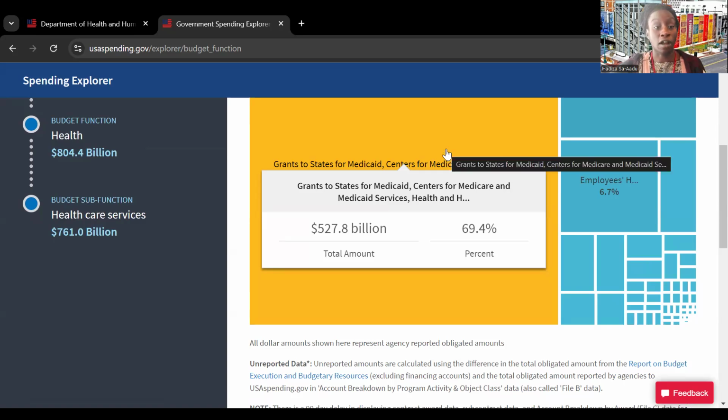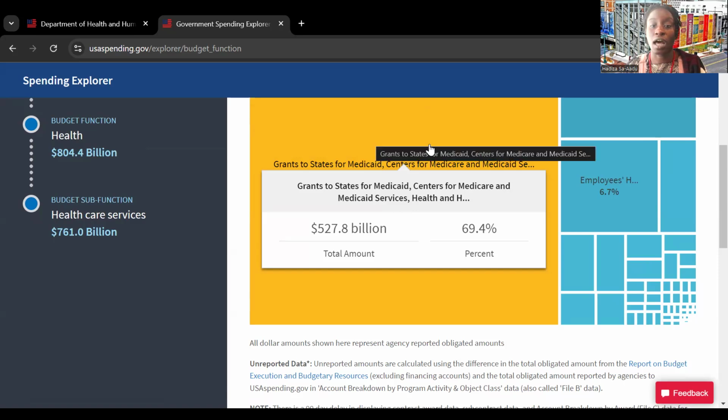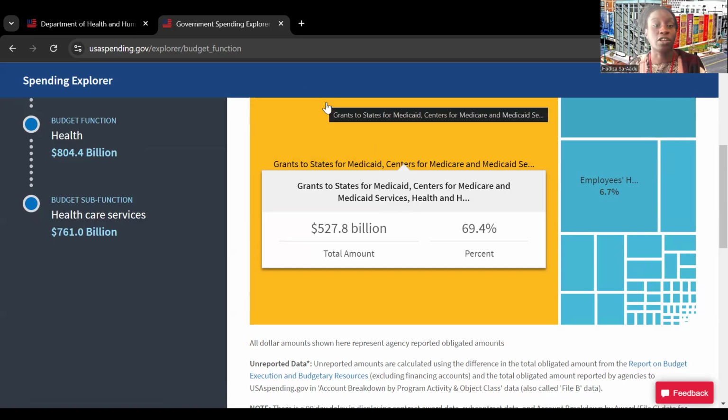So we see that the federal government does give grants to states who then allocate that money into institutions that provide Medicare services, that are institutions of Medicaid, and institutions of health and human services.